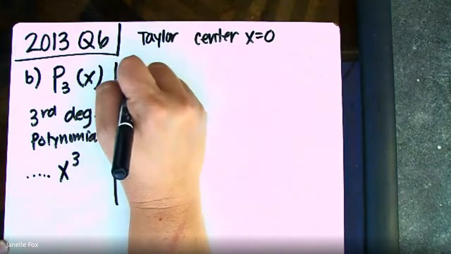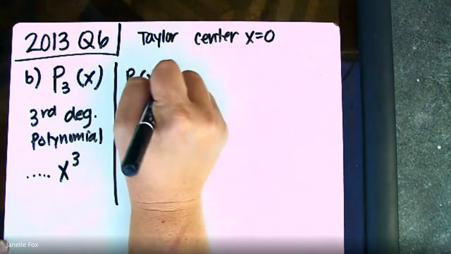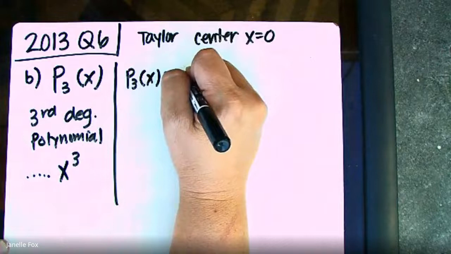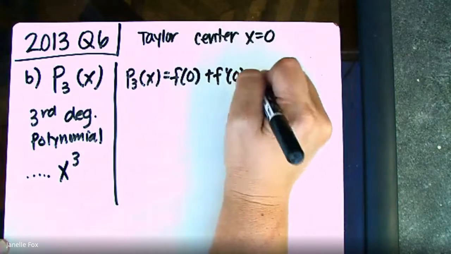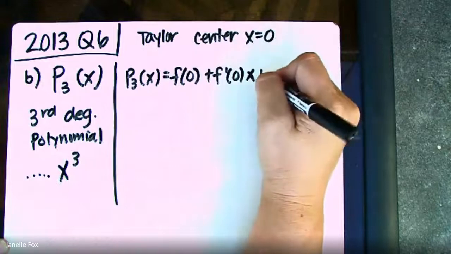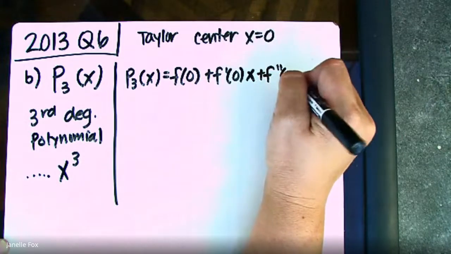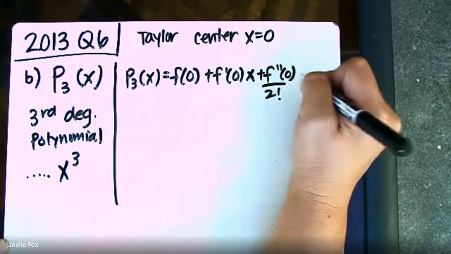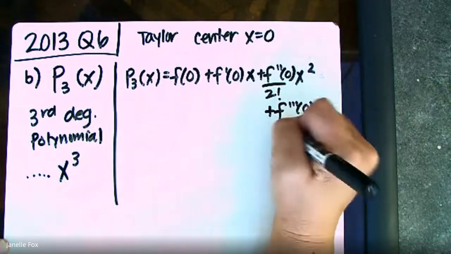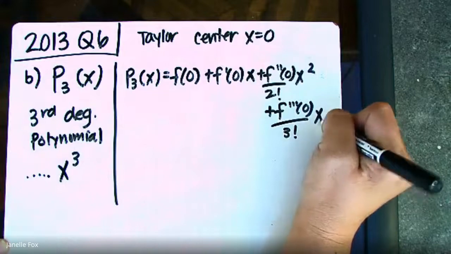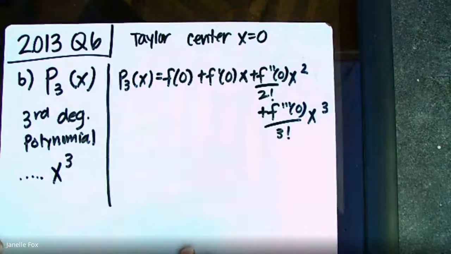The third degree polynomial is going to be f of 0 plus f prime at 0 times x. I'm going to run out of space. Plus f double prime at 0 over 2 factorial x squared, and then plus f triple prime at 0 over 3 factorial x cubed. So let's see if we can get some of this information.